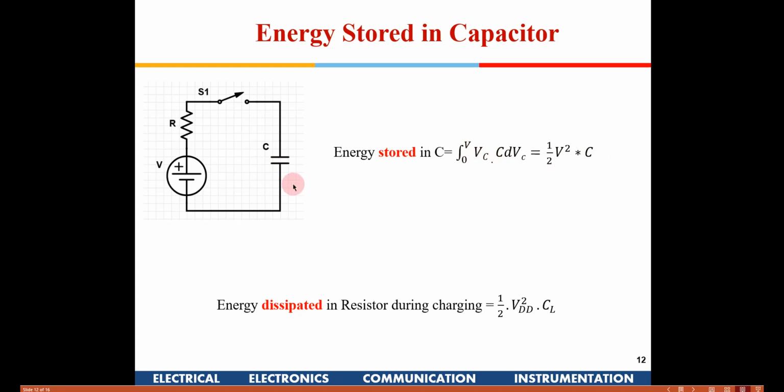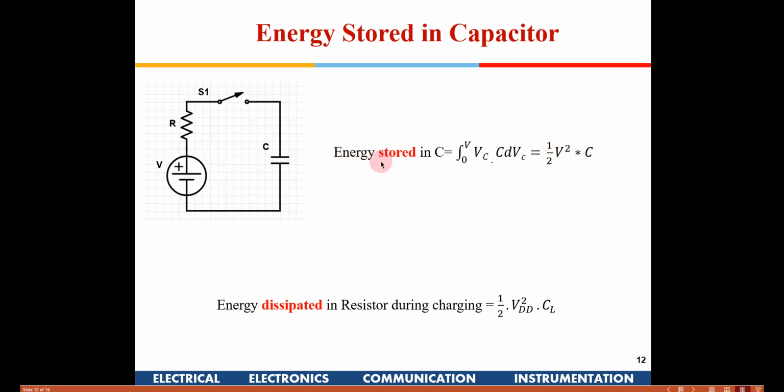And power is V into I. So if you see the C dV, this is the integration of the current and voltage. If you integrate this from 0 to V, you get half C Vc square. So this is the amount of energy which gets stored.